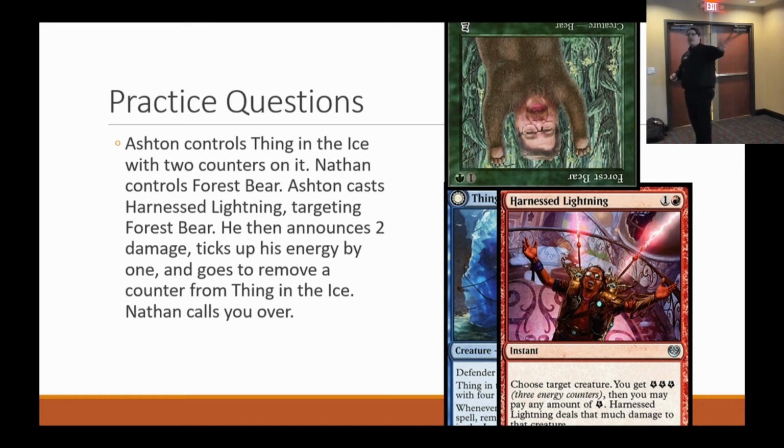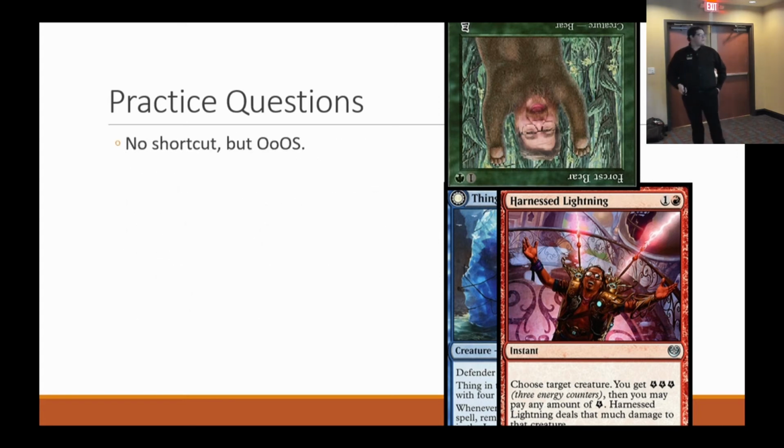He can't go, oh yeah, and I was supposed to remove that counter. No, you forgot it. But if it's clear that he was just intending to remove all of his counters at the same time, then there's a little bit more wiggle room. So for me, in this particular instance, there's a little bit of a shortcut where he says, you know, deal 2, go up by 1 energy. But it is out of order sequencing. There's not really an infraction here.